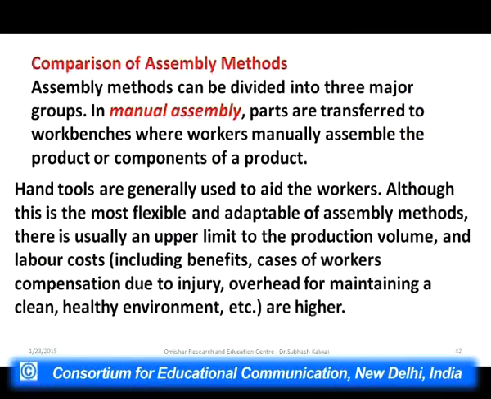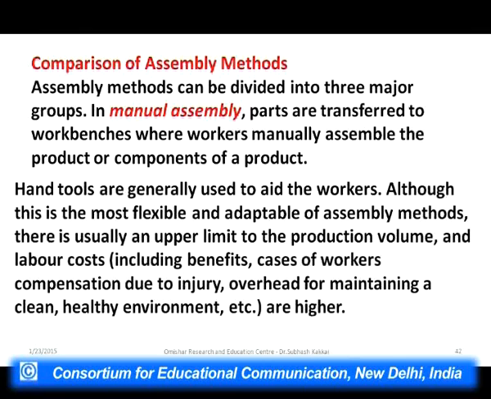Comparison of assembly methods. Now, we will discuss certain methods which are used in assembling. Assembly methods can be divided into three major categories. Manual assembly: when we carry out the assembly work manually, parts are transferred to workbenches where workers manually assemble the product or components of a product.